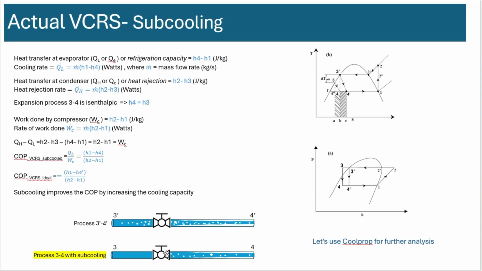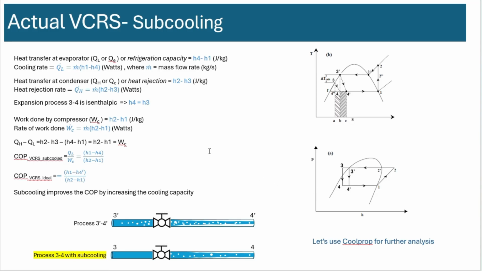How does that affect the system? This is actually a good thing for the system. If you can subcool it, you will expand and come out at 4, and from 4 to 1 you have a bigger cooling effect. Okay, so your cooling effect increases.